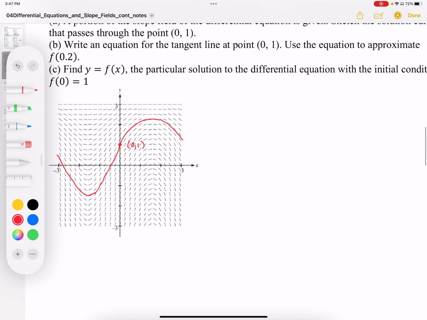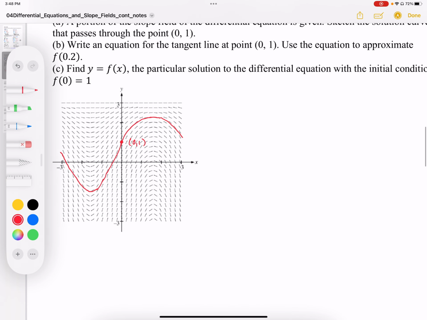Part B says, write an equation for the tangent line at that point (0, 1) and use that tangent line to approximate f(0.2). So f(0.2) is just to the right of that dot. What we want is an equation of the tangent line, the equation of this line here.